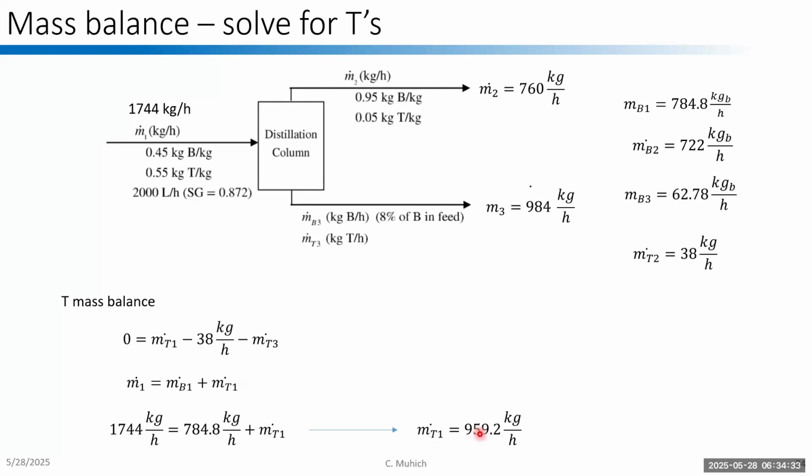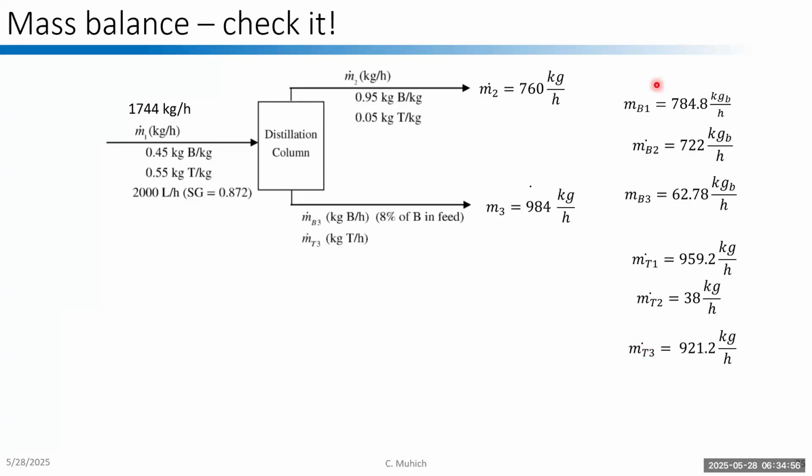I can take this, substitute it in up here, and I'll find that my mass flow rate leaving out the bottom in terms of T3 is 959.2 minus 38, which is 921.2 kilograms per hour. Okay, so here's my final mass balance and detailed flow diagrams.